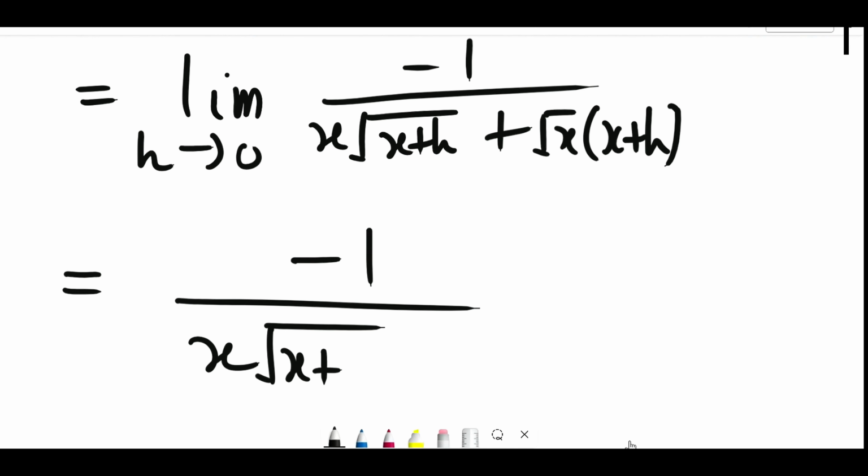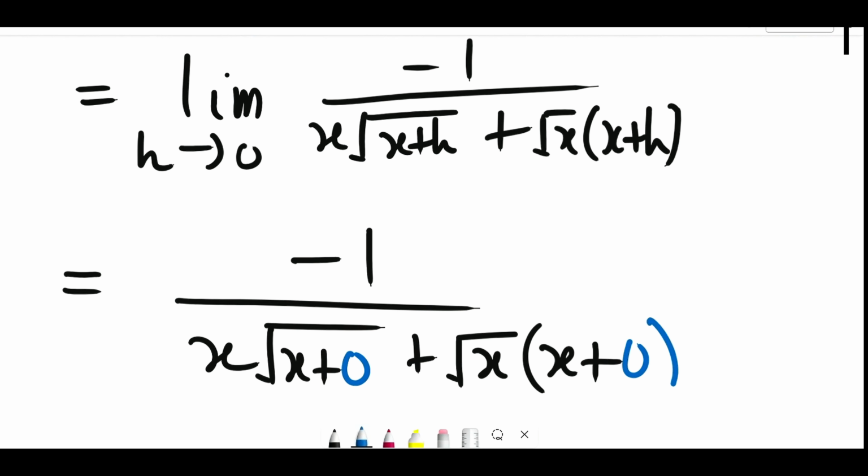Now the h is equal to 0, so wherever you see h, you put 0 over there, then continue to work on the rest, plus square root of x multiplying x plus h, and the h is 0.